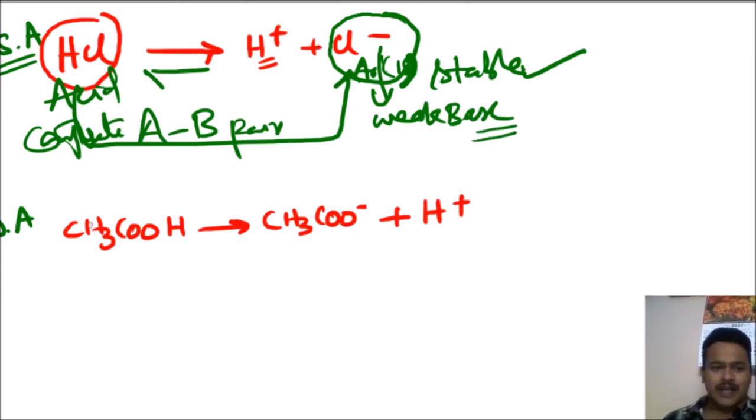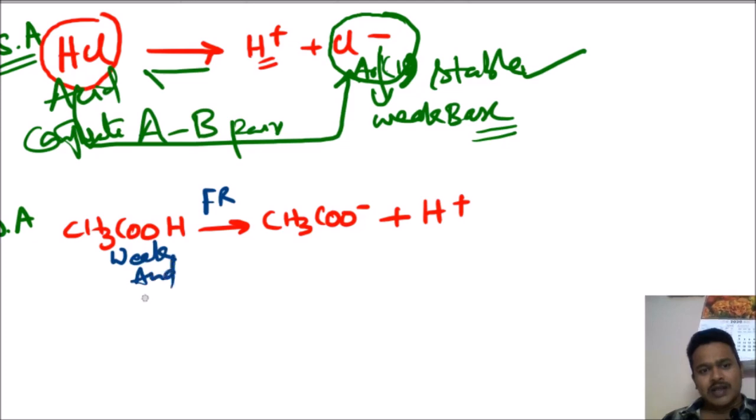Okay, come here again. It is a weak acid converting into CH3COO minus and H plus in the forward reaction. These two, H plus coming out, this is formed.